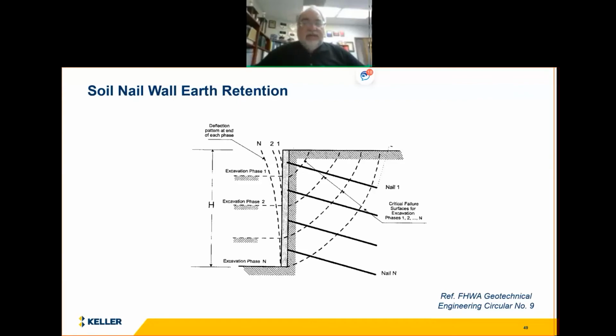And so these are the theoretical failure planes you see here for the top row, the second row, the third row, etc. And so these nails are acting differently every time and providing different support every time you dig down. By the time you get to the bottom, the top nail is doing very little, but it's done a lot for you as you've excavated down. So that's something that has to be looked at in soil nailing. It's a little complication, but it's a great technique.